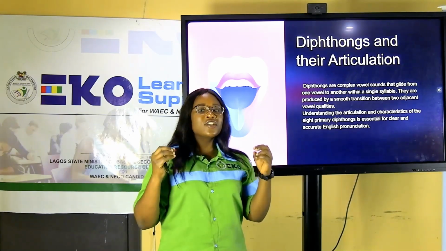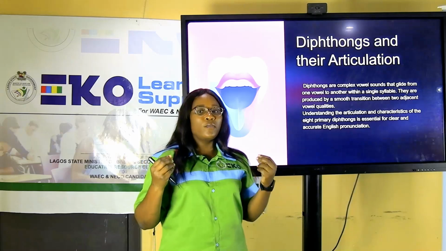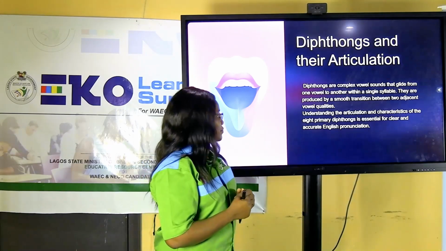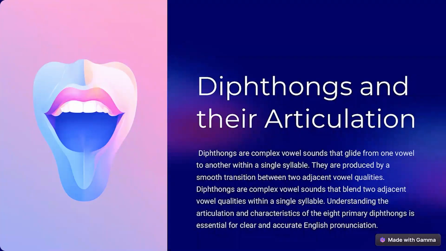So diphthongs comprise two sounds but are pronounced as one. Diphthongs are complex vowel sounds that glide from one vowel to the other within a single syllable. They are produced by a smooth transition between two adjacent vowel qualities.